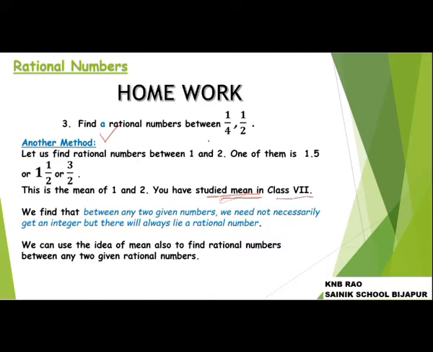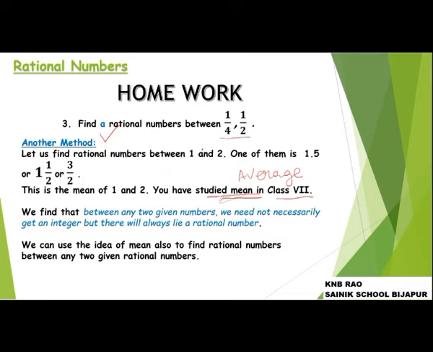What is the mean? It is also called the average. What is the mean of any two numbers? The mean of any two numbers is the sum of the two numbers divided by 2, that is, the number of numbers. So using this knowledge, we can find a rational number between 1/4 and 1/2.